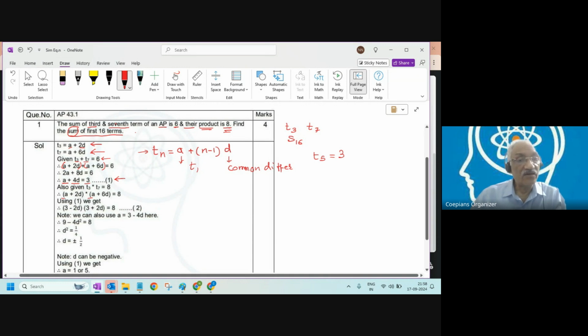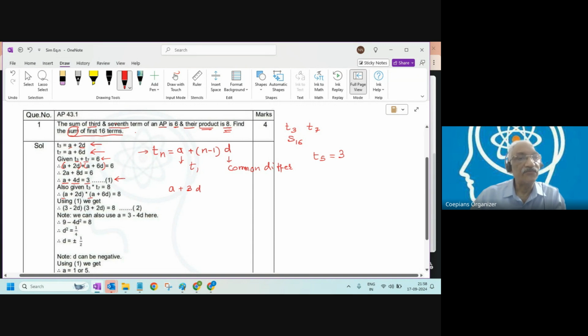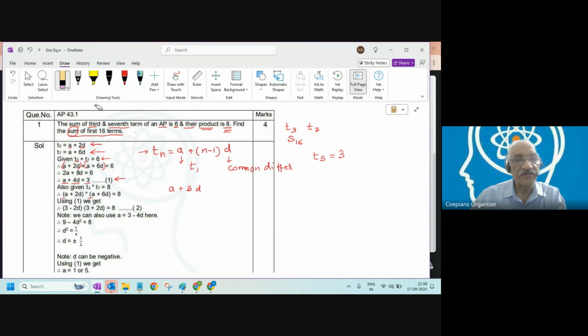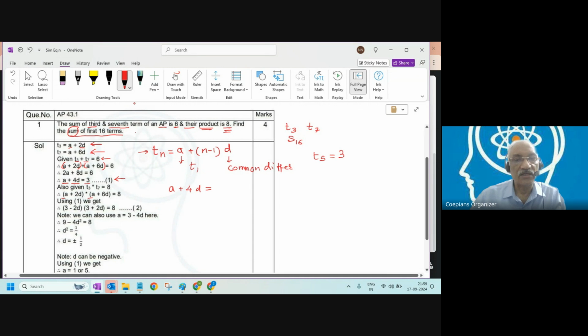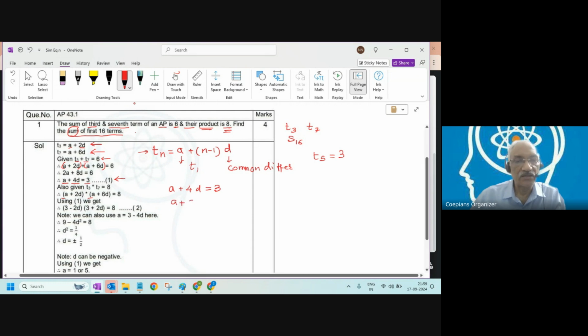Now, instead of adding too many variables, we make use of this particular equation number 1, which is a plus 4d is equal to 3. Now I want a plus 2d.